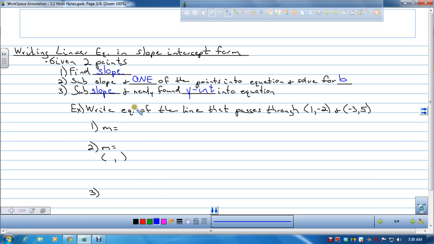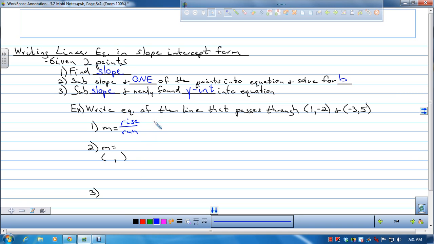So the first thing we need to do here says write the equation of the line that passes through these 2 points. It goes through 1, -2 and -3, 5. When I'm writing the equation, I need to know the slope and I need to know the y-intercept. Well, if I have 2 points, I should be able to find the slope. Remember, always think of slope as rise over run, right?